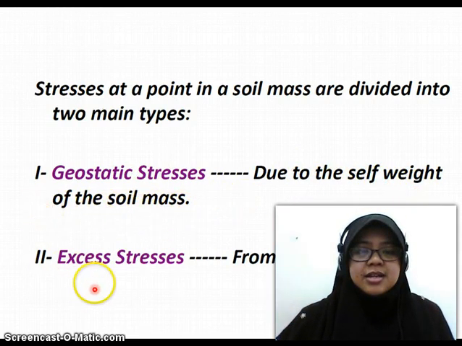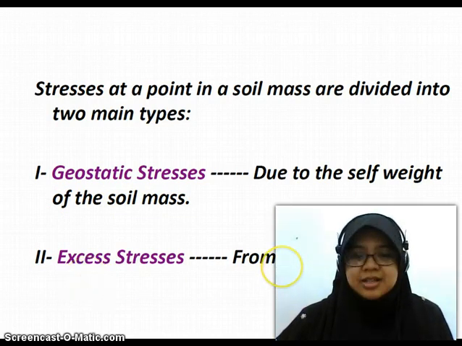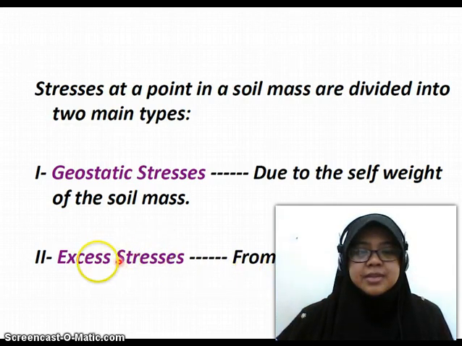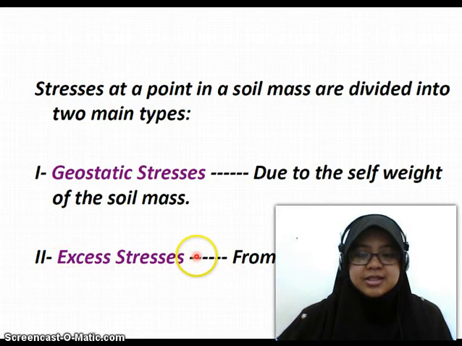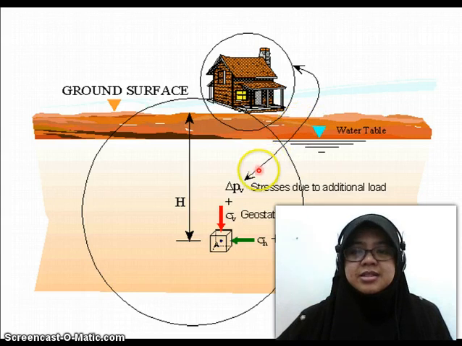The second one is stress also induced from outside factors such as structures, walls, big buildings, tall buildings, water, and so on. Different loads will give different stresses induced in the soil mass. Basically we have a vertical one and also a lateral one.